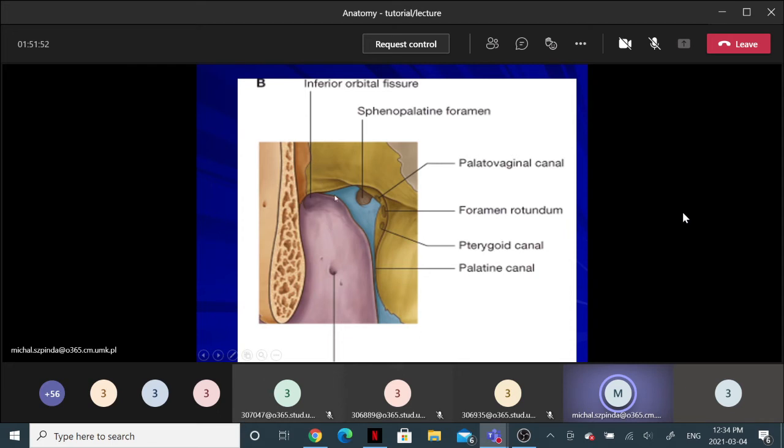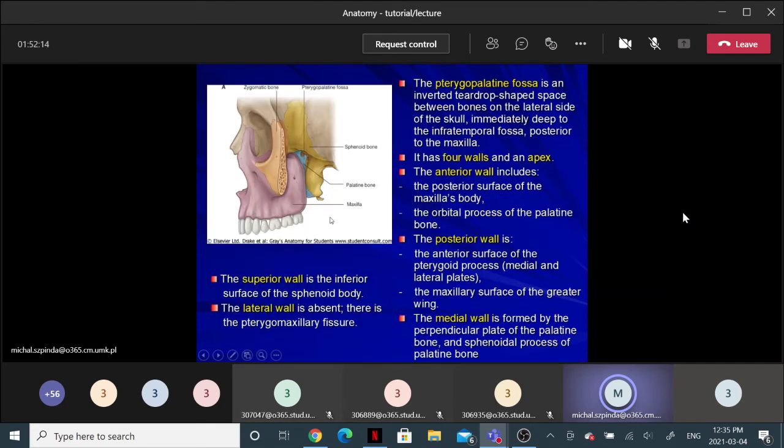So inferiorly, the pterygopalatine fossa tapers and forms the greater palatine canal, and the greater palatine canal perforates the pyramidal process of palatine bone, which is visible here, and it ends on it to form the greater palatine foramen.